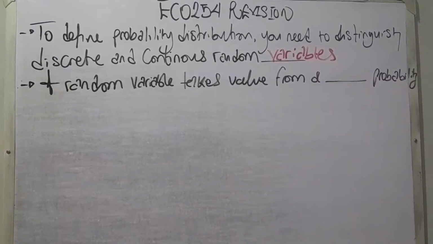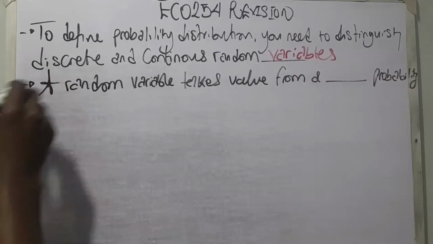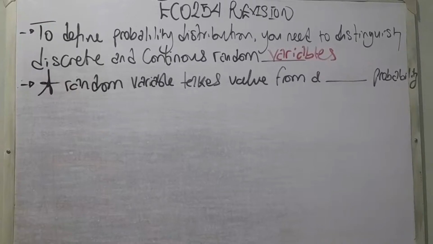So we have a random variable takes value from a dash probability.